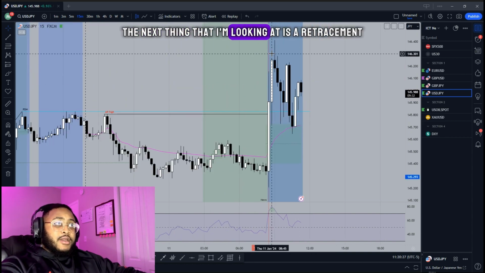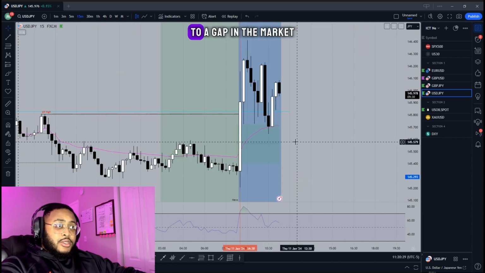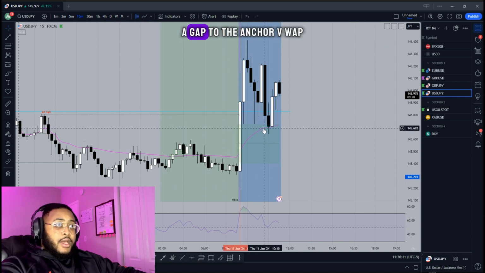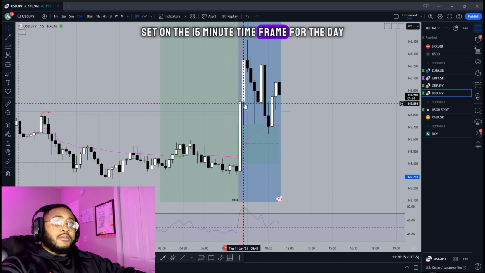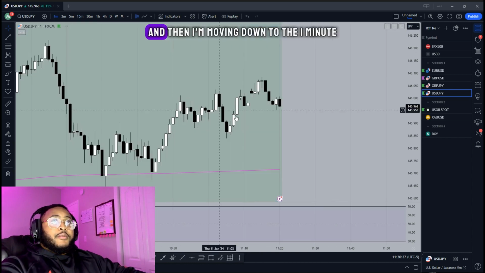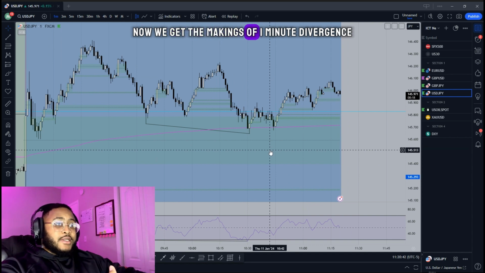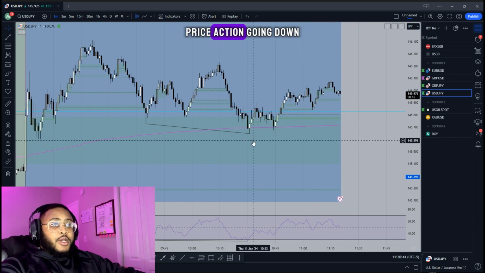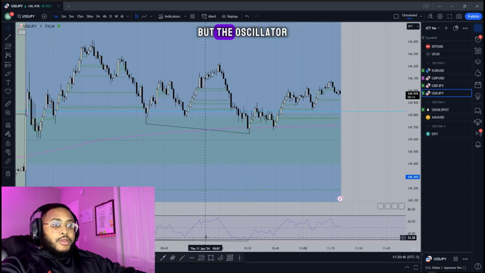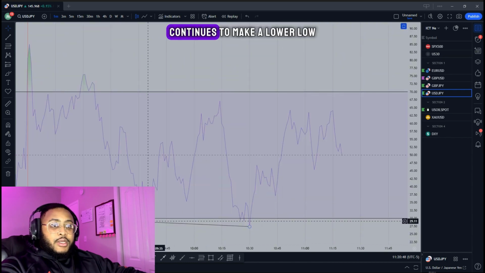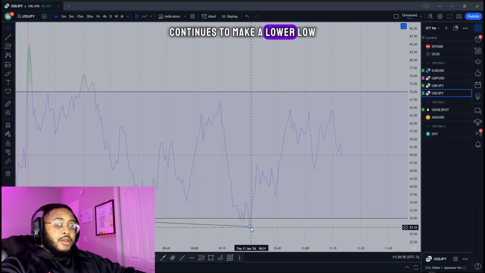The next thing that I'm looking at is a retracement to a gap in the market, a gap to the anchor VWAP set on the 15-minute time frame for the day, and then I'm moving down to the 1 minute. Now we get the makings of 1 minute divergence, price action going down, but the oscillator continues to make a lower low.